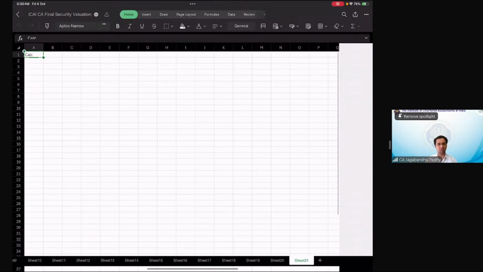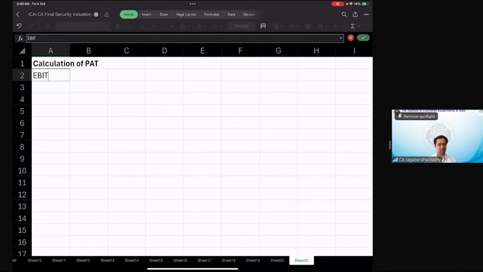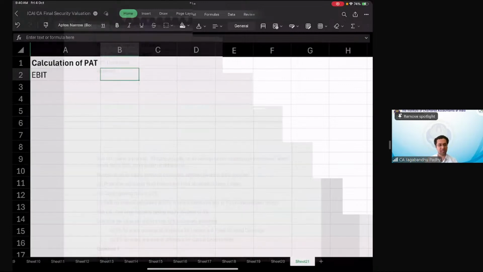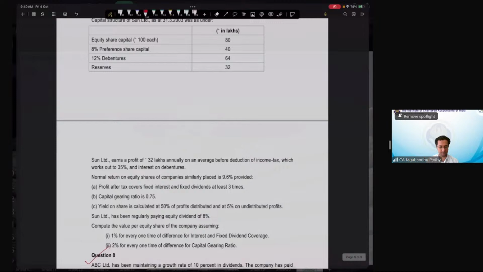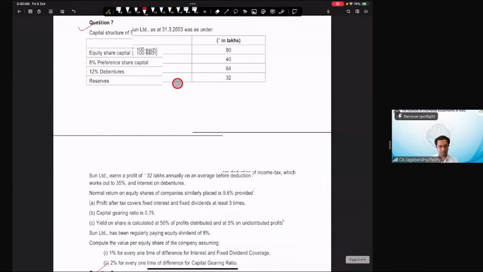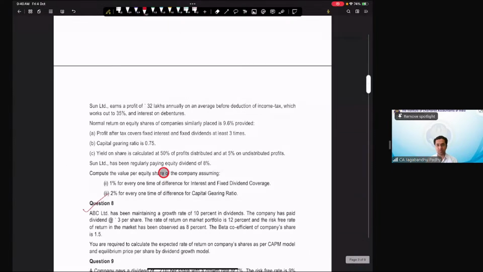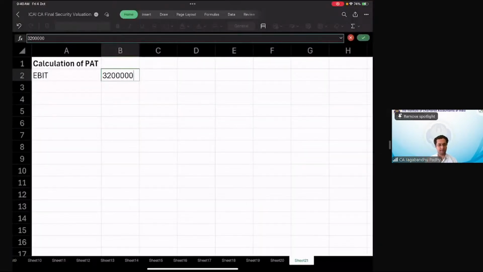So calculation of profit after tax. Now we know that earnings before interest and tax is given as, how much is earnings before interest and tax? 32 lakhs, right? So 32 lakhs.